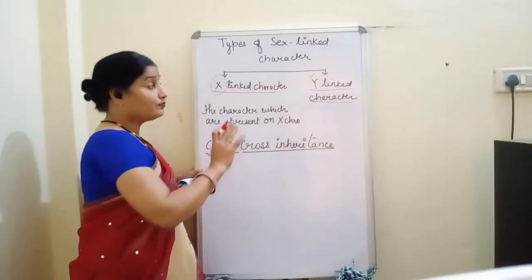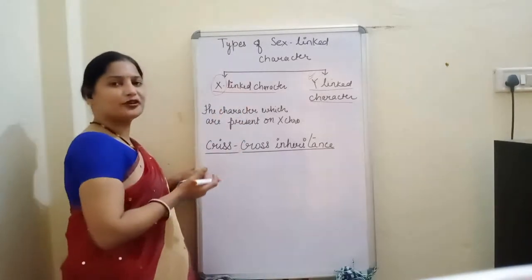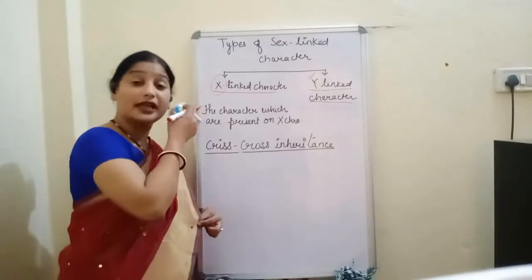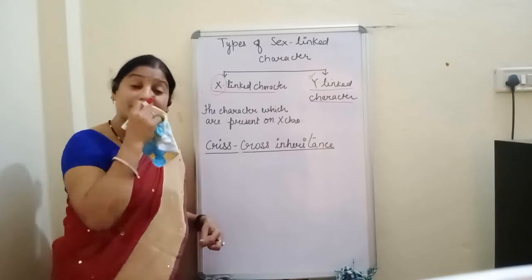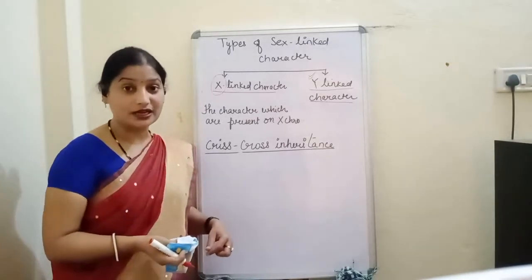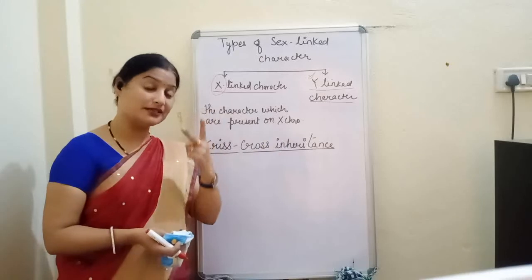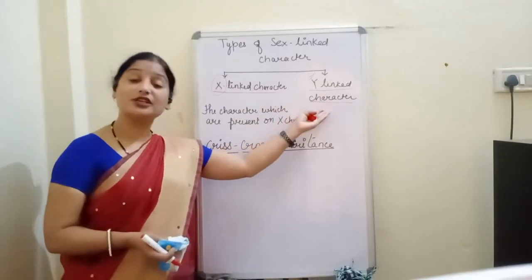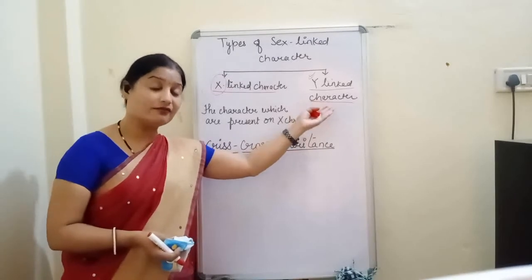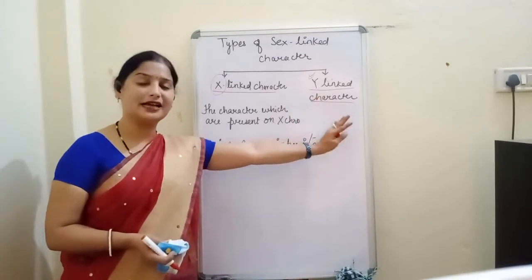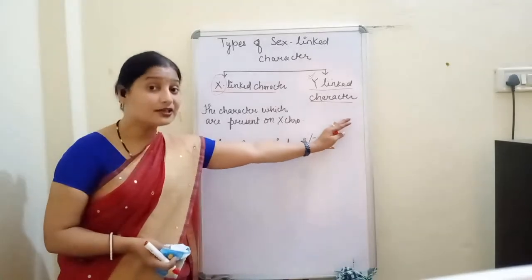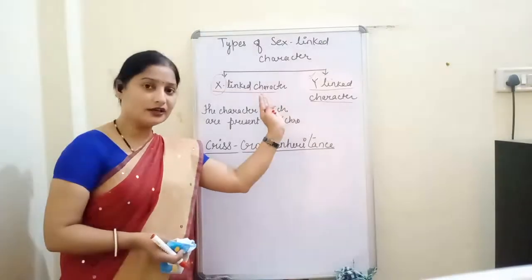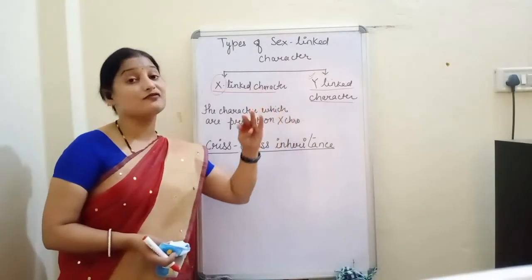Clear? So, what conclusion can we draw from here? X-linked characters are present on the X chromosome, and all males and females have X chromosomes. Males have only one and females have two X chromosomes. And Y-linked characters are present on the Y chromosome, and only males have the Y chromosome. This shows that X-linked characters can be possible in both males and females.